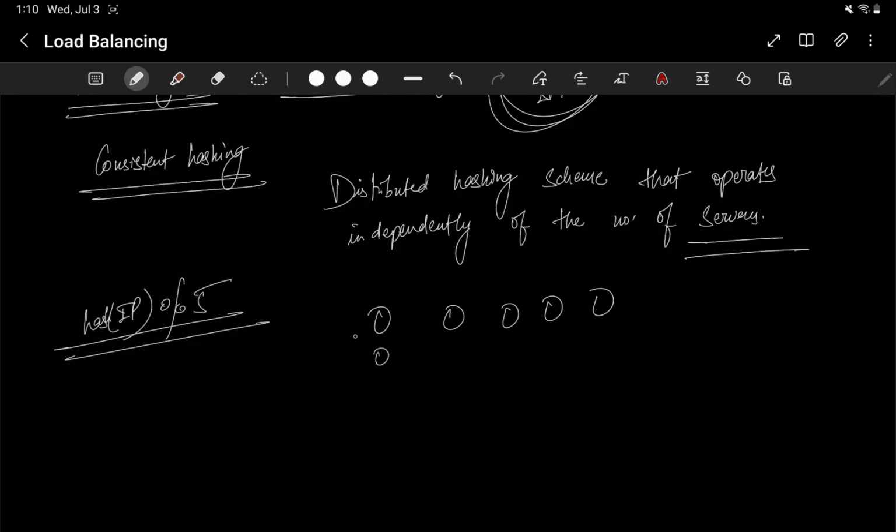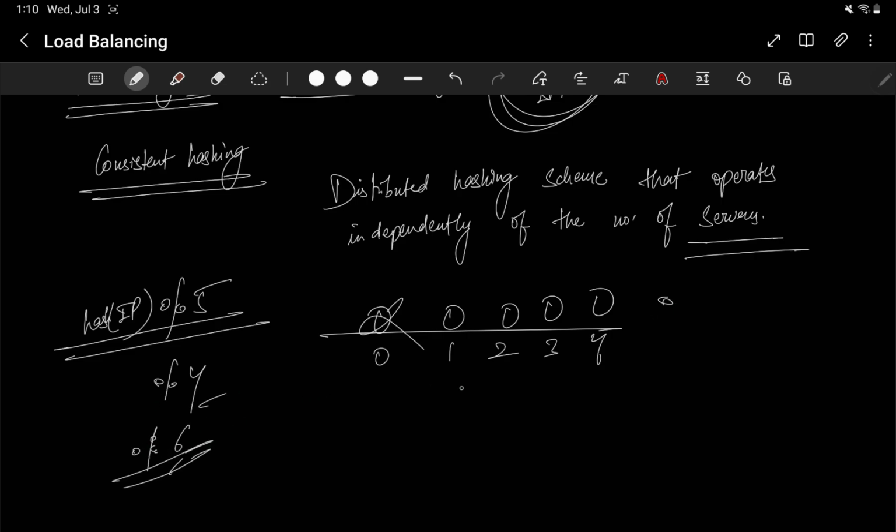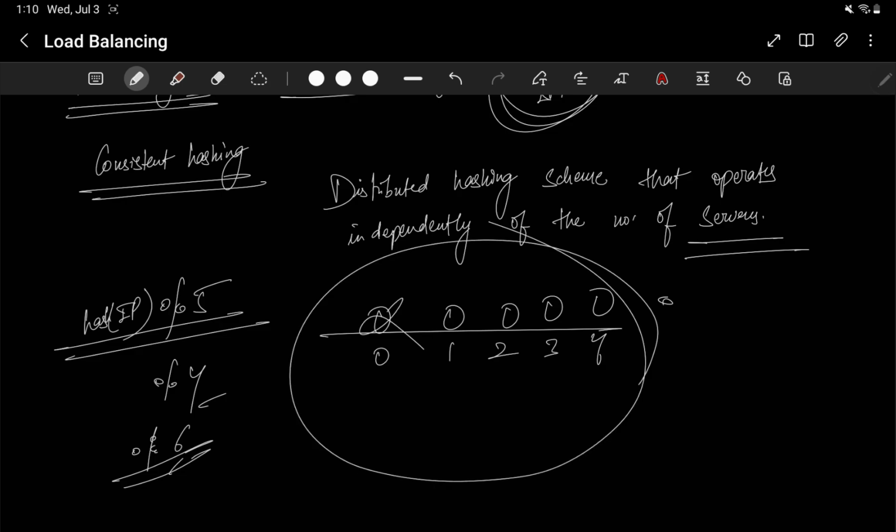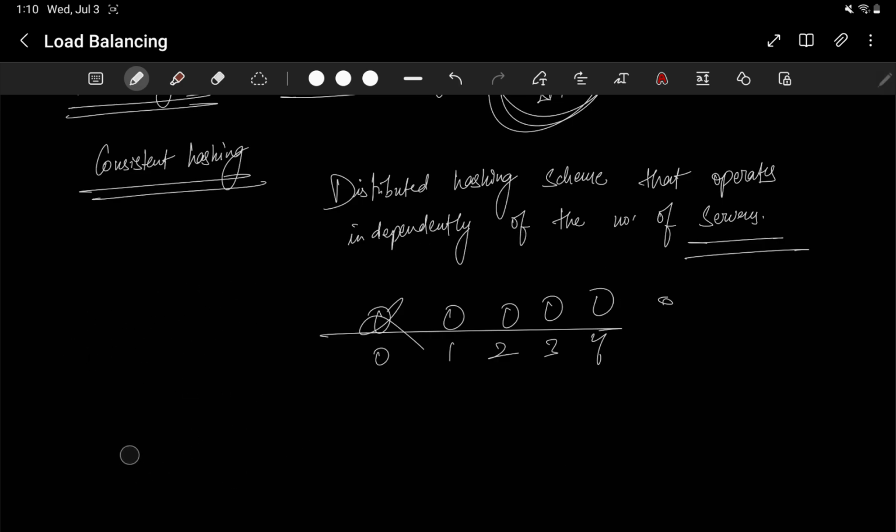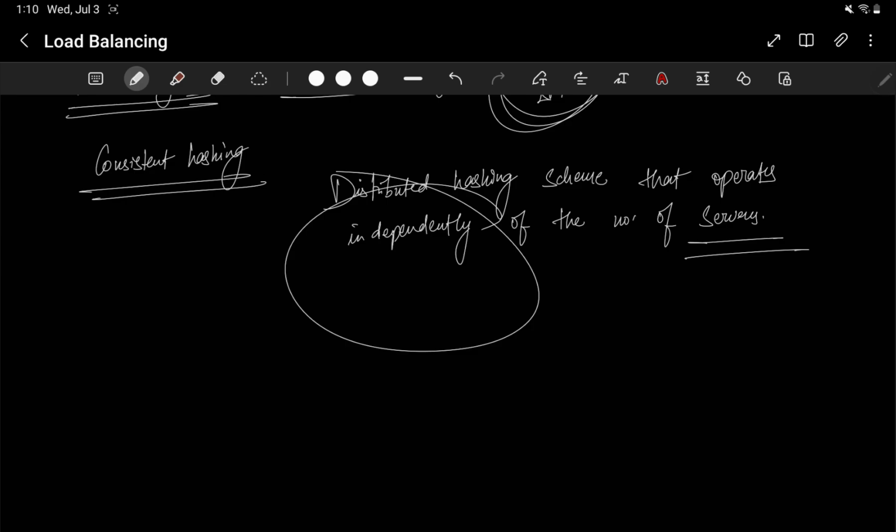So that if it is 0, it comes here, 1, 2, 3, 4. But what if one server is down? Then we have to make it hash mod 4. What if we add one more server? Then we have to do hash mod 6. And if we have to do, let's say, 4 or 6, then we have to reassign all these requests, which is again a troublesome task, which is not right for us. So all these problems are addressed by consistent hashing because it operates independently of the number of servers.